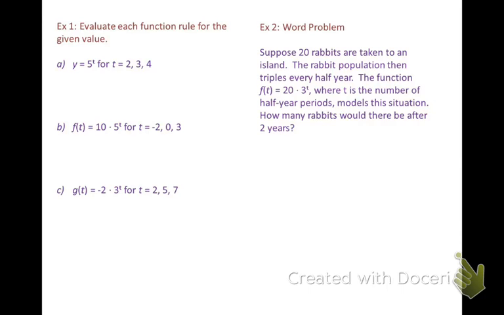So I'm going to do y equals 5 to the 2 power, and y equals 5 to the 3 power, and y equals 5 to the 4 power. I have 5 squared, which equals 25. 5 cubed equals what? 125. And 5 to the 4th power? 625.